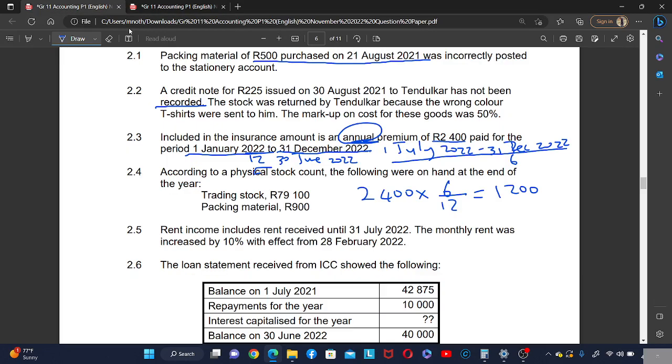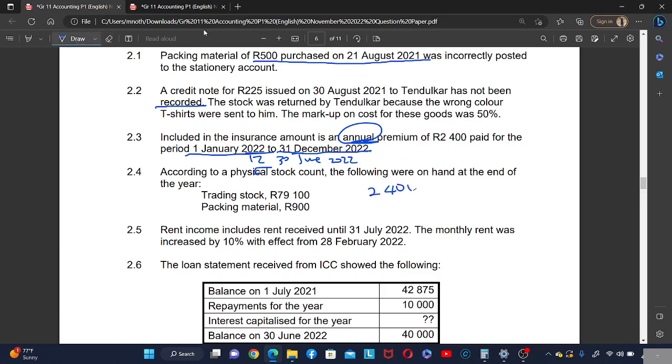Or what you can do here, if you don't understand this one, you can do it this way. You can just say 2,400 divided by, because we are told that this insurance is from a period of 1 January 2022 to 31 December 2022, which is 12 months.